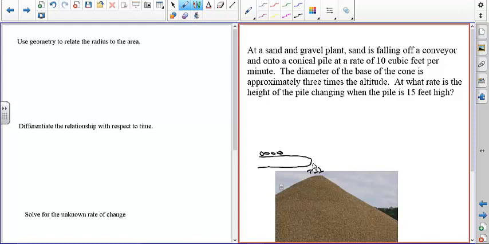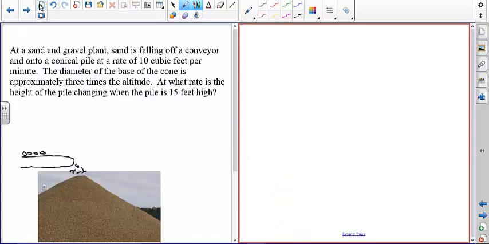Okay, that's a lot of information. You can be overwhelmed, but let's just kind of work at it. Like in physics, with these problems it's good to draw a schematic. So here is our conical pile of gravel. And it says that the pile is increasing at a rate of 10 cubic feet per minute.